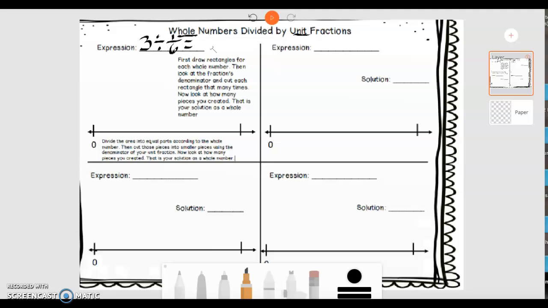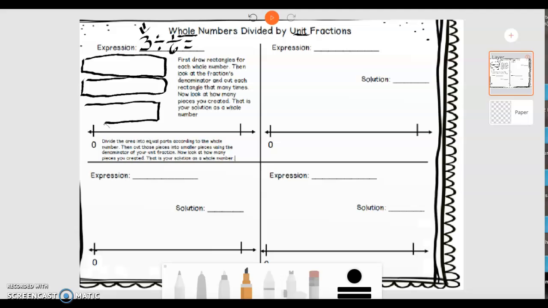Looking at our directions here on this first one, it says first draw rectangles for each whole number. If I look here, I see that I've got 3 whole numbers, so I have to draw rectangles for 3. It's a pretty messy rectangle, but that's okay. You get the gist of it. 1, 2, and 3. 3 rectangles.